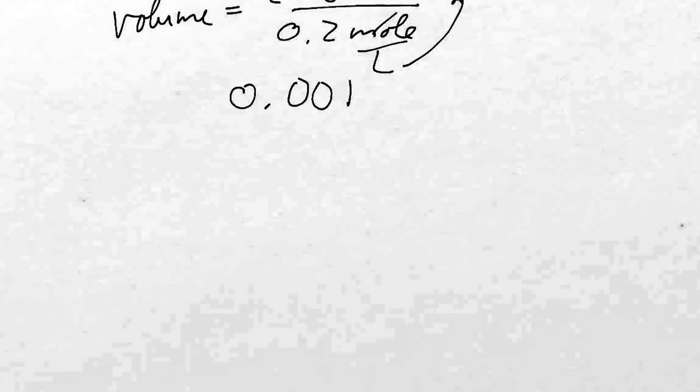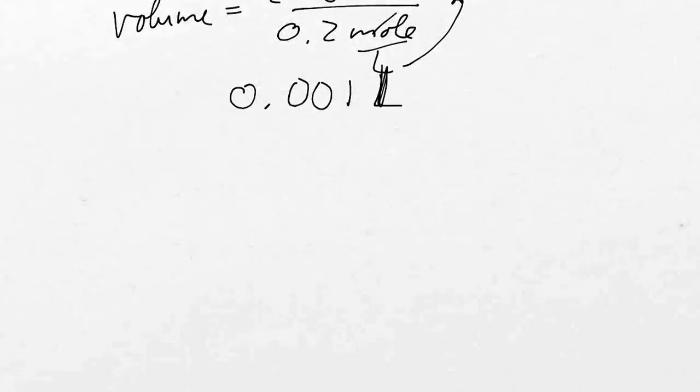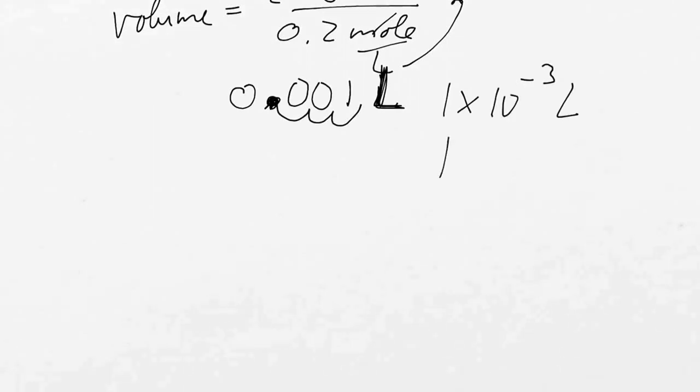I get 0.001 liter when I do this calculation. And I can convert that, if we do the metric conversion, 1 to 3. This is 1 times 10 to the minus 3 liter, and that would be 1 milliliter.